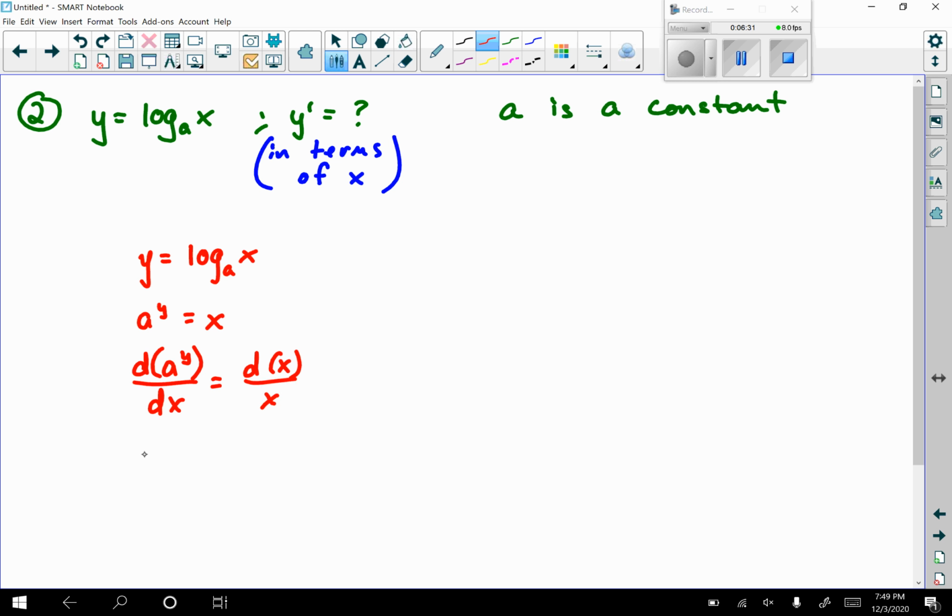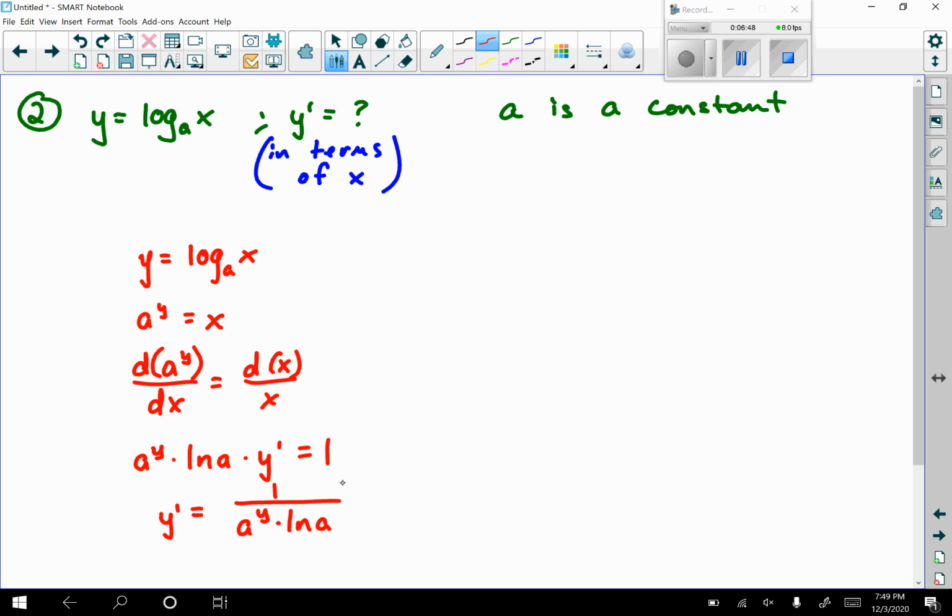So this becomes a to the y times the natural log of a times the derivative of the exponent, so y prime, and that's just going to equal 1. So solving for y prime, we get 1 over a to the y times the natural log of a.